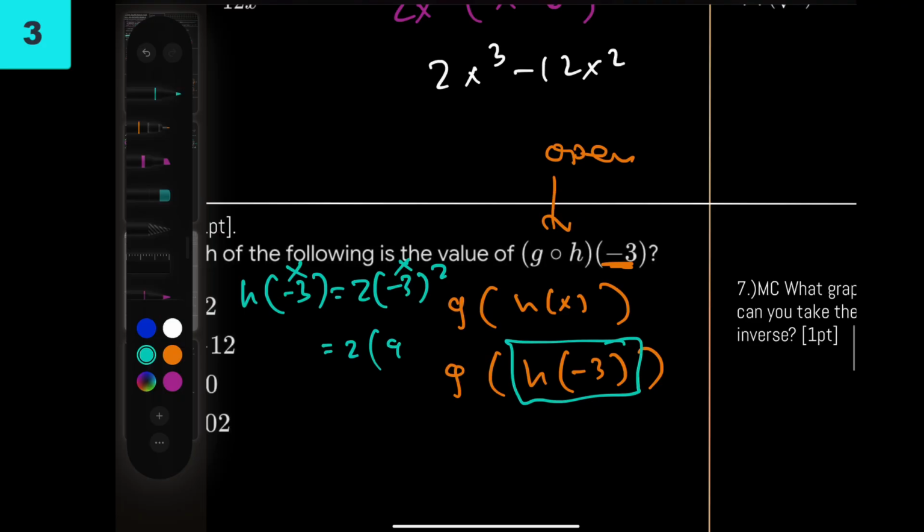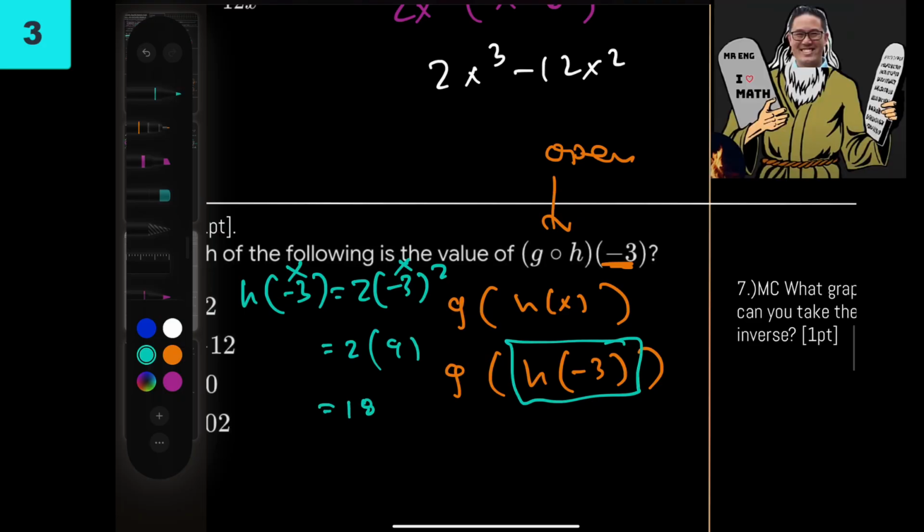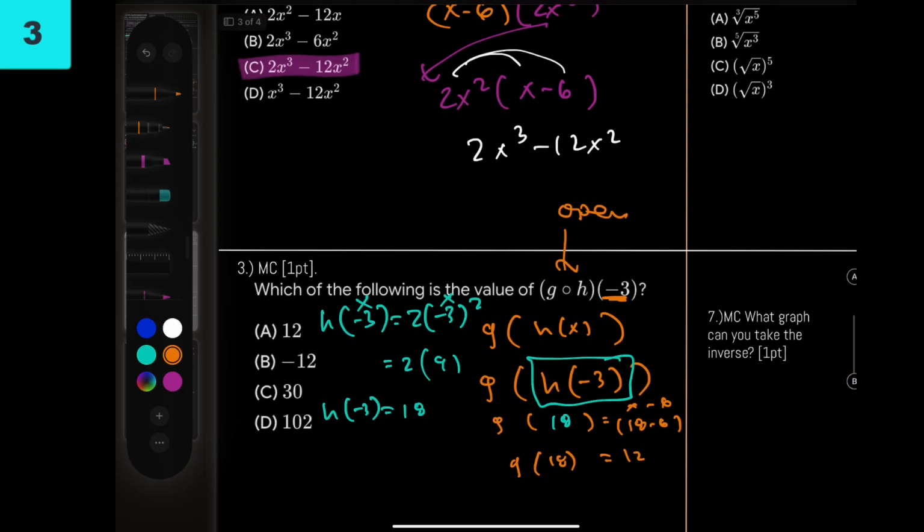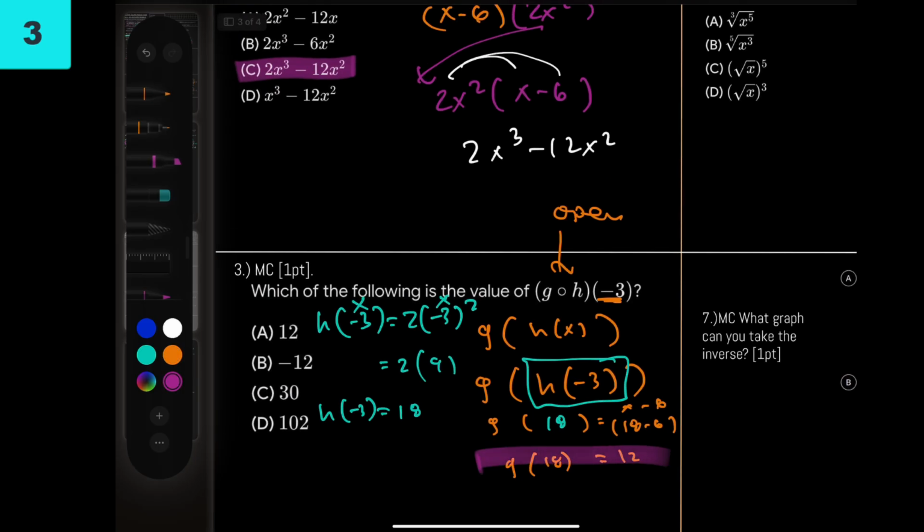Negative 3 squared is 9, so then I have 18. So this is all becoming 18. Now you need to find g of 18. G is x minus 6, so now it'll become 18 minus 6, which is 12. G of 18 equals 12, and then we choose A.